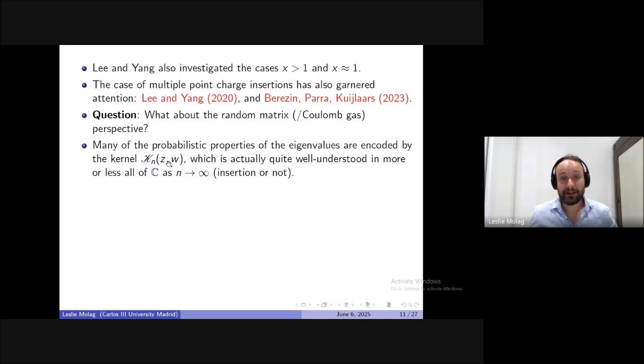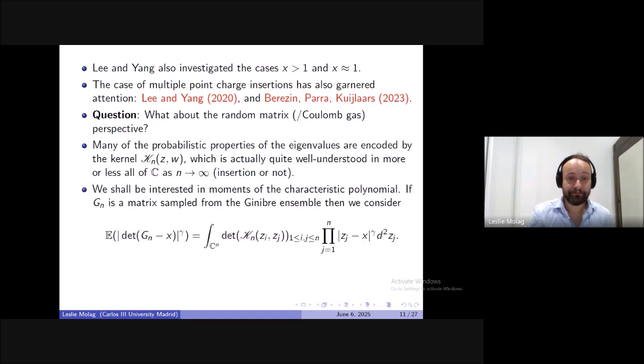Even though the planar orthogonal polynomials are not entirely well understood in certain regions, the kernel actually is quite well understood, more or less everywhere in the complex plane. But there are other things that you can investigate. So what we investigate, and what others have done before us, is the moment of characteristic polynomials.